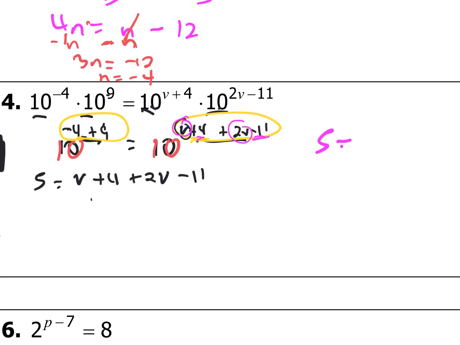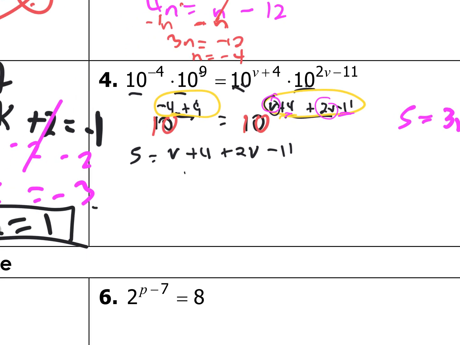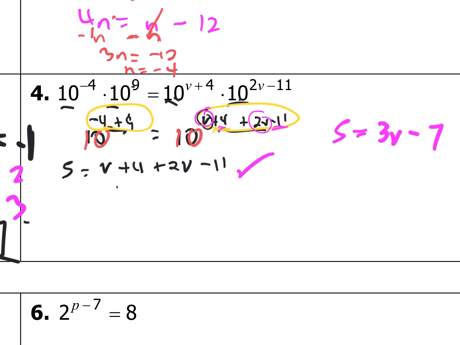5 equals 3v minus 7. I do have students in here who could skip this step and just write that. I'm okay with that.